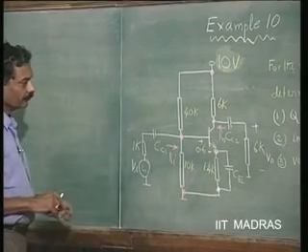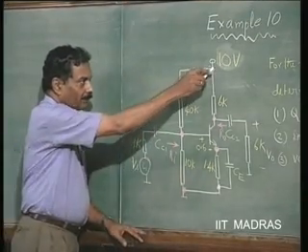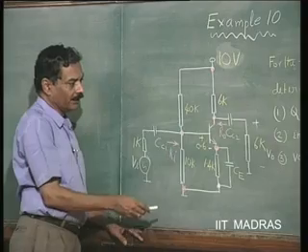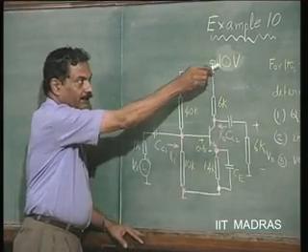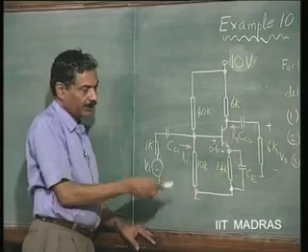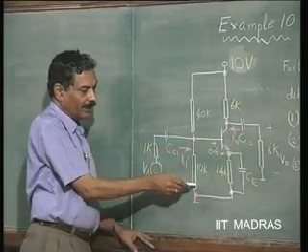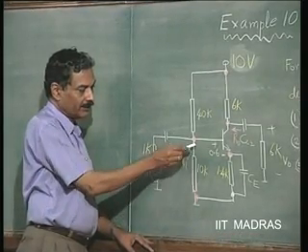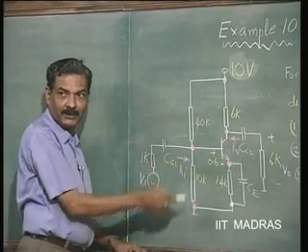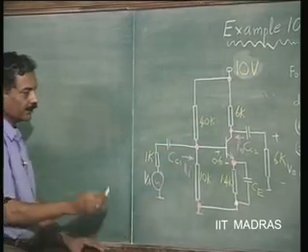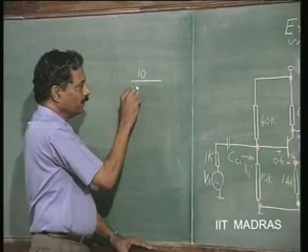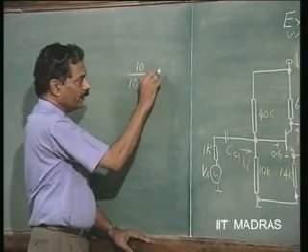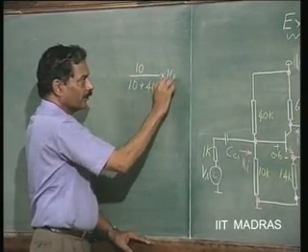Now, using a single supply, we had seen that we had to derive another supply from this single supply of 10 volts. Another supply is derived using these two resistors, 10K and 40K in this case, as 10K divided by 10K plus 40K of 10 volts.